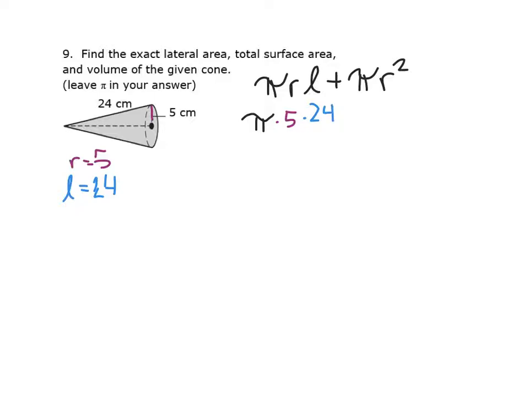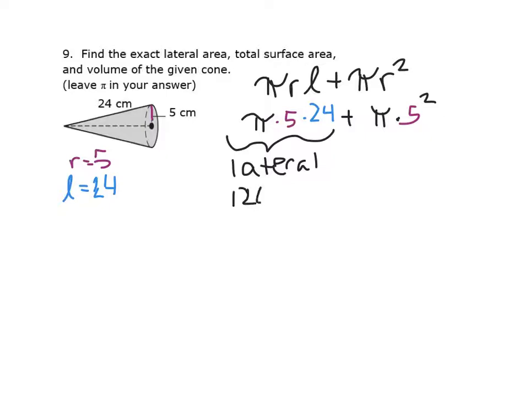And then if we add in the area of the base, this is going to give us the total. So right here, a lateral. 5 times 24 is going to come out to 120 pi.